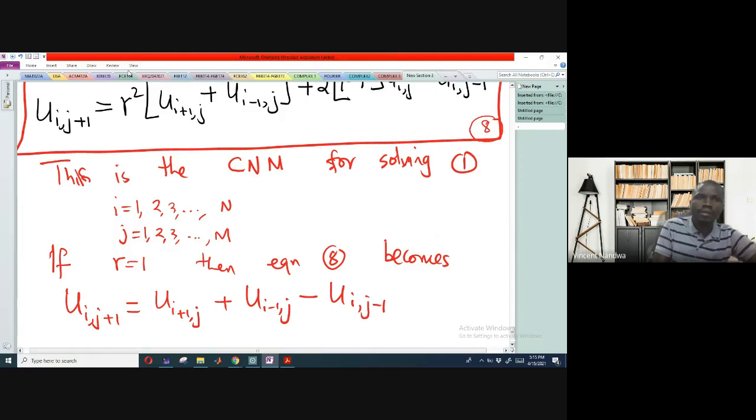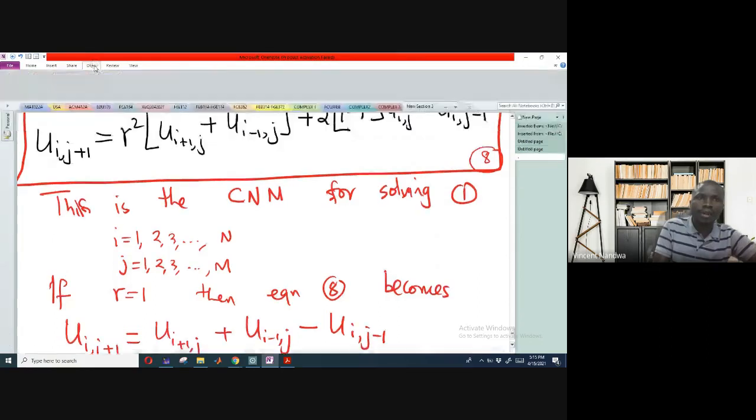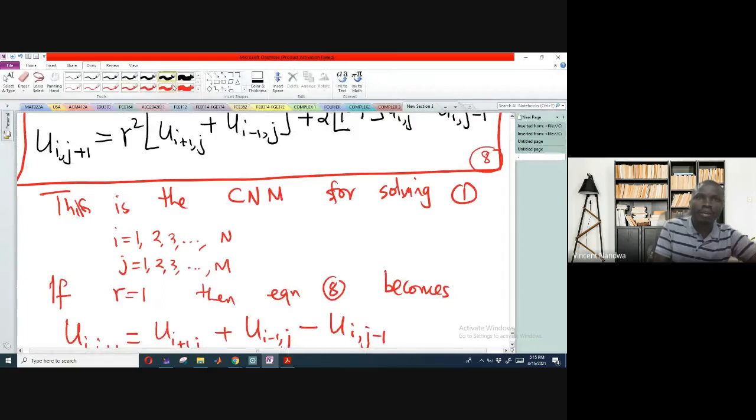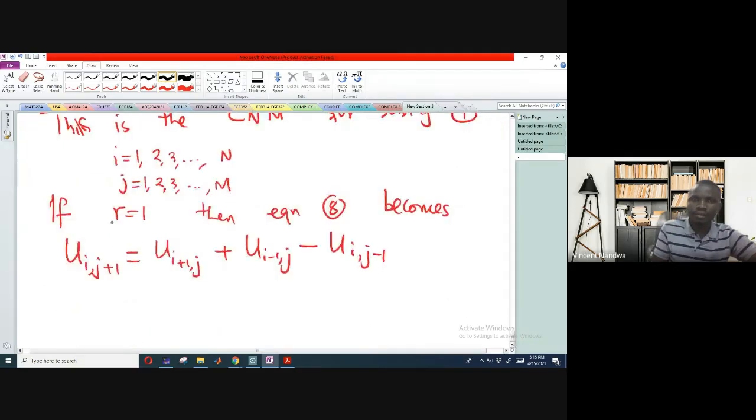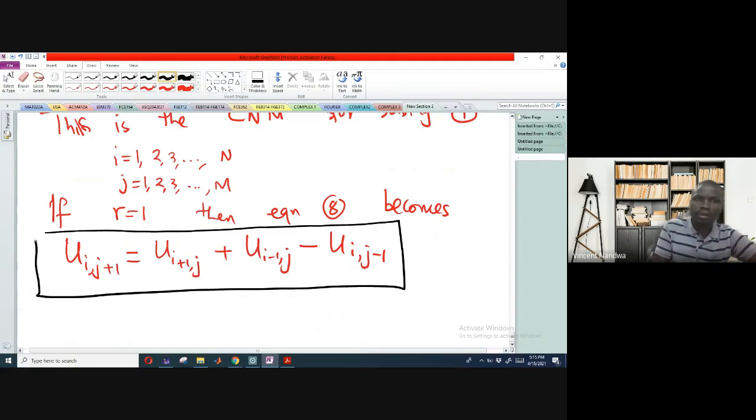This is the equation that you will use when the value of r is 1, because the term in u i j goes to 0. This is what happens when r equals 1.